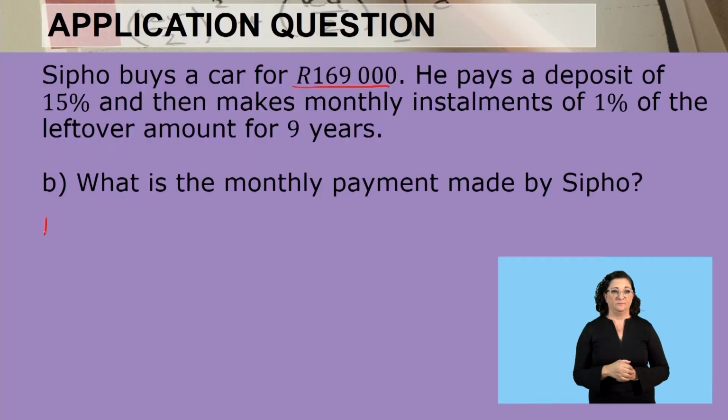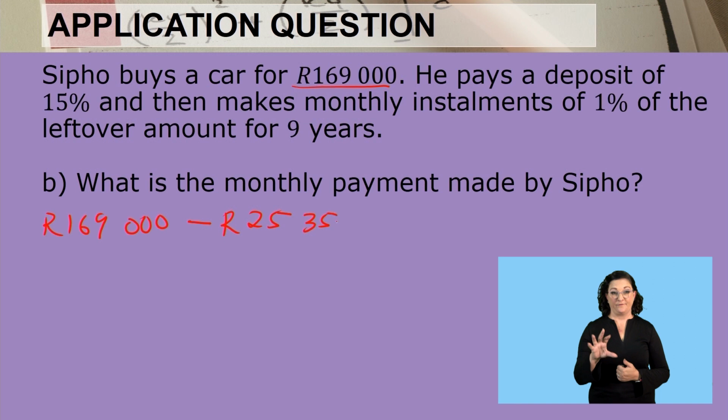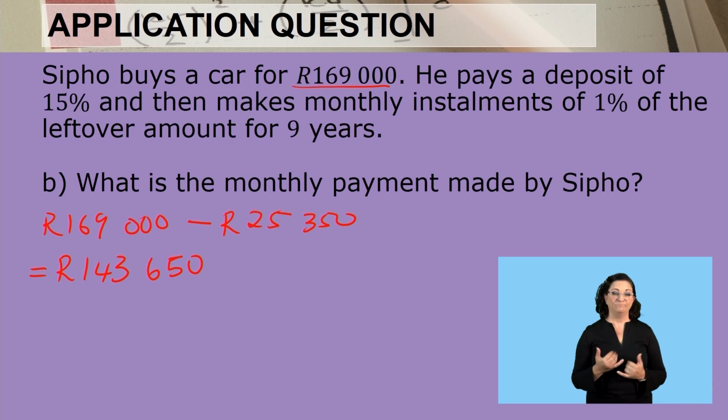So we're going to say 169,000 subtract 25,350. And what do you get? You're correct. We are going to get 143,650 rand.